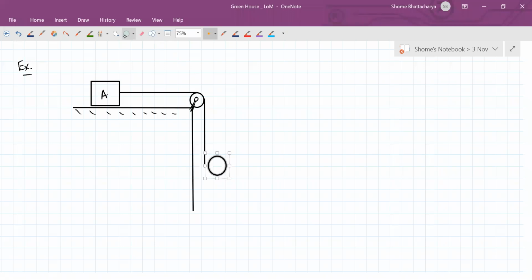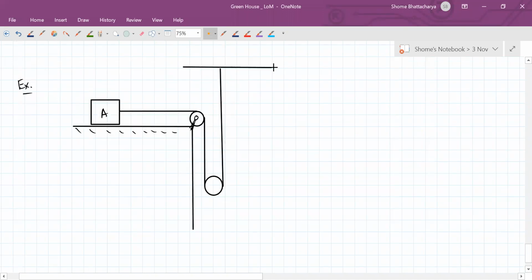This string, instead of directly being attached to our second block, is going to go around a pulley, and that pulley is going to be attached to our second block. So that's our second pulley. This is again fixed to some kind of ceiling over here. Now this is again a massless pulley attached to block B.